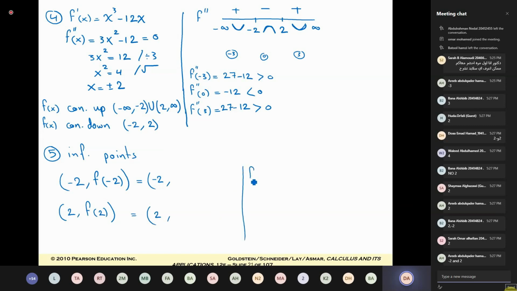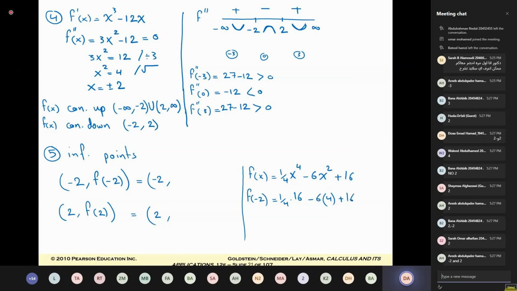F of x, we know from the example, is 1 over 4 x to the power 4 minus 6x squared plus 16. So f of minus 2 equals 1 over 4 times minus 2 to the power 4. This equals 16, minus 6 multiplied by 4, plus 16.